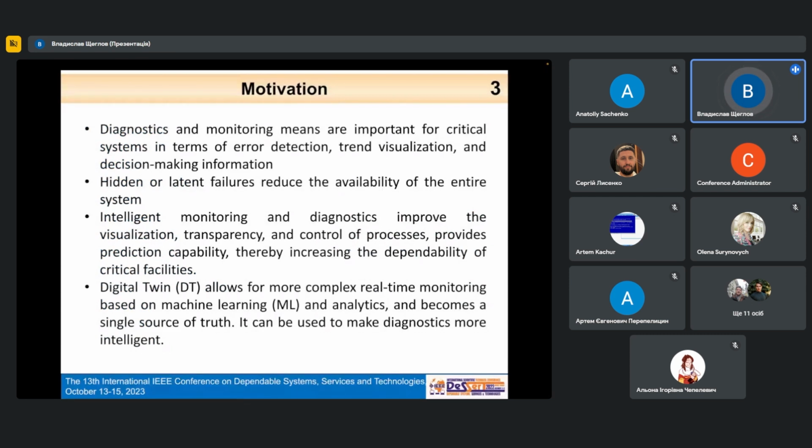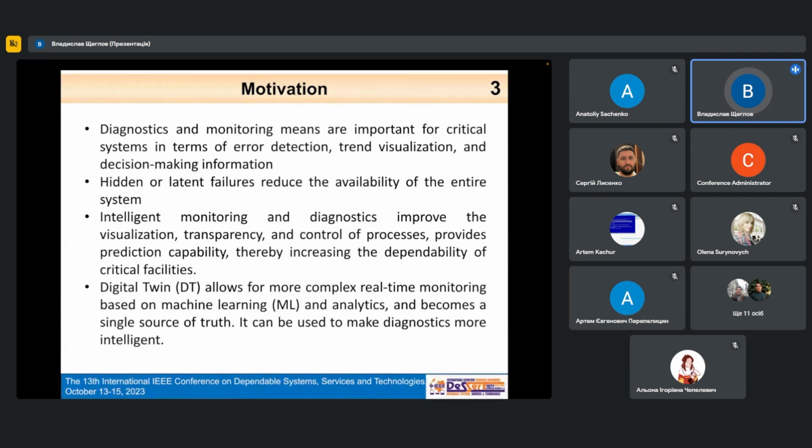So diagnostic and monitoring means are important for critical systems in terms of detection, visualization, and decision making. Hidden failures reduce availability of the entire system. But at the same time, intelligent diagnostic and monitoring means can improve visualization, transparency, and control, and thereby increase the availability of critical systems.